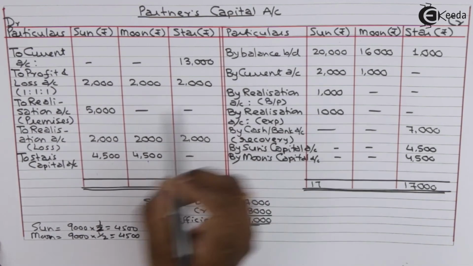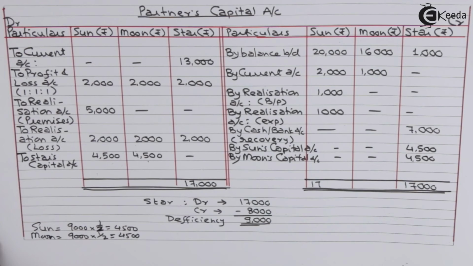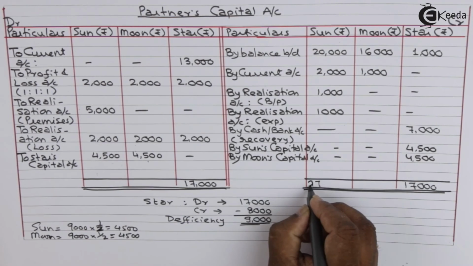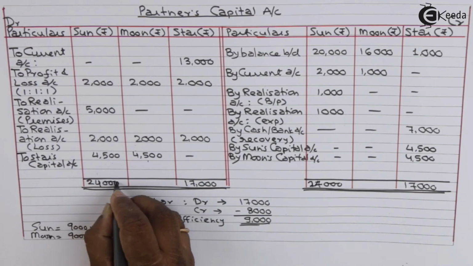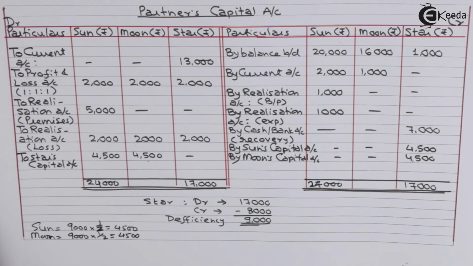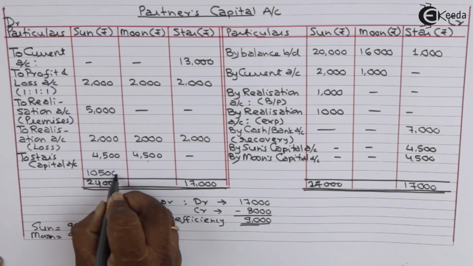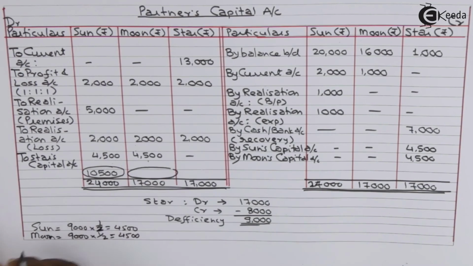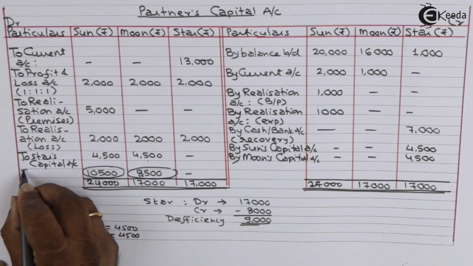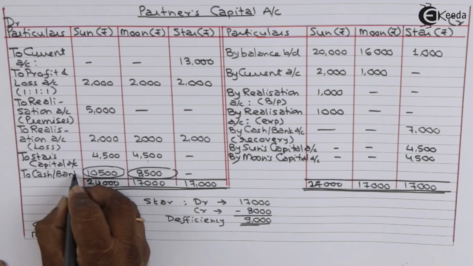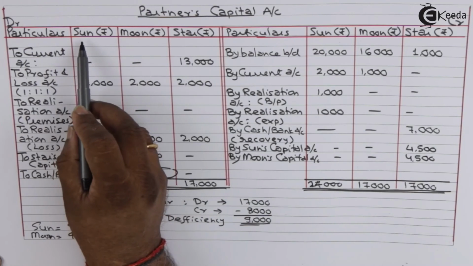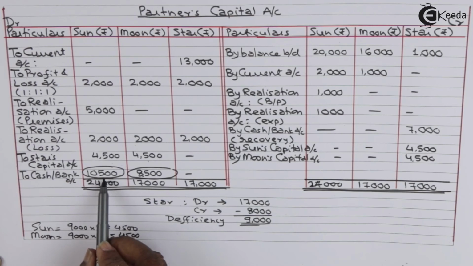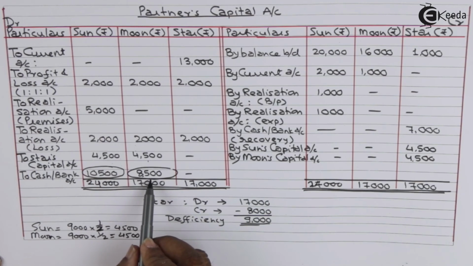Now we'll close Sun and Moon's capital account in the usual way. It means we have to close their accounts and transfer balance to cash bank account. Partner's capital account debit, Sun to cash bank 10,500, Moon 8,500.